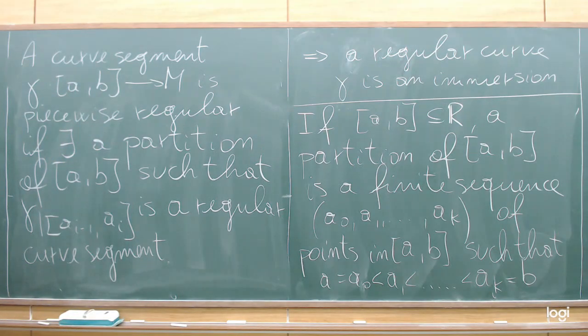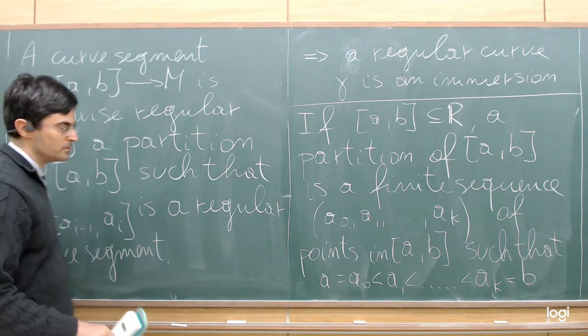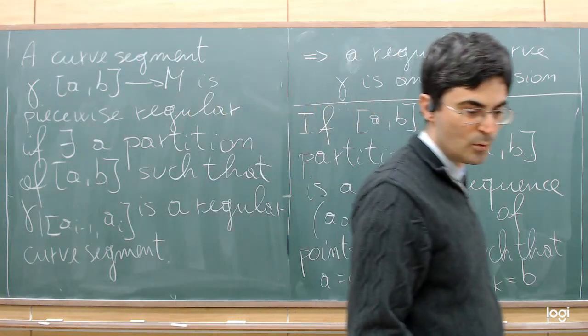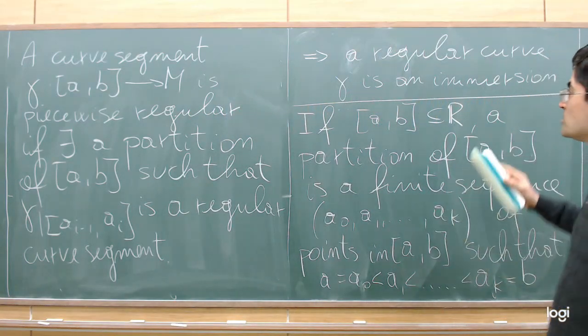This means that the restriction is smooth with non-vanishing velocity vector.